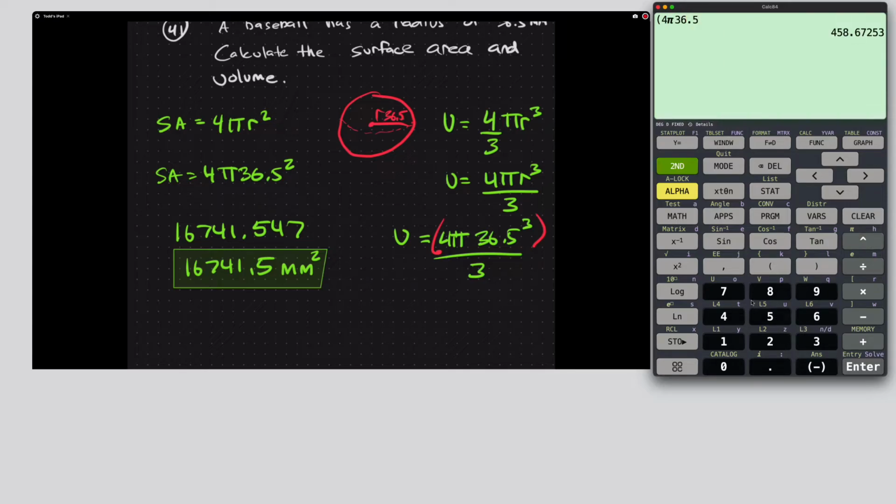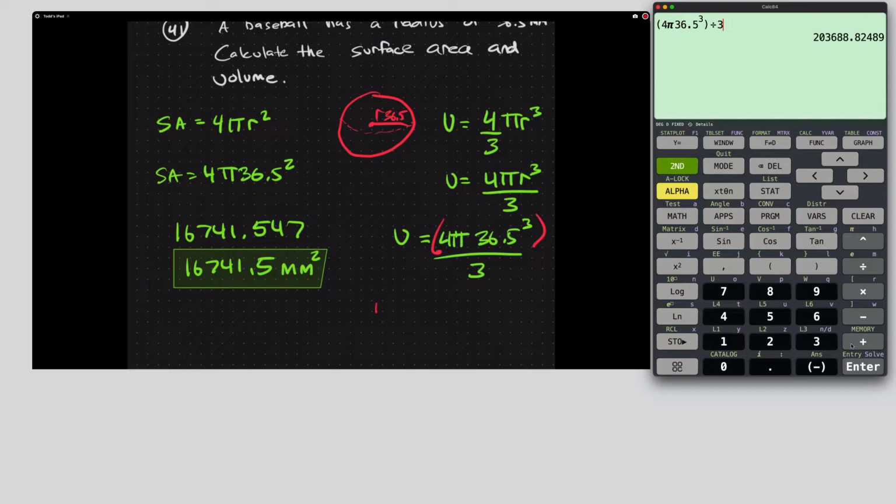Now, some calculators will have a cube button. On this one, I got to put this little hat and then type 3, and then I need to sort of jump down using the arrows right here, and that's the end of that. So I'll put that in a bracket, and then I will just divide by 3.